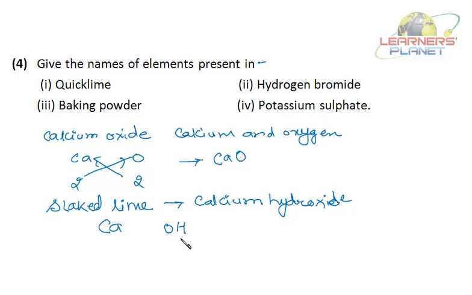Hydroxide ion, it is OH. What will be the charges? +2 and -2. Now cross place their valencies. The charge on hydroxyl ion is -1, not -2. It's -1, I'm sorry. The formula would be Ca(OH)2. So this is calcium hydroxide.